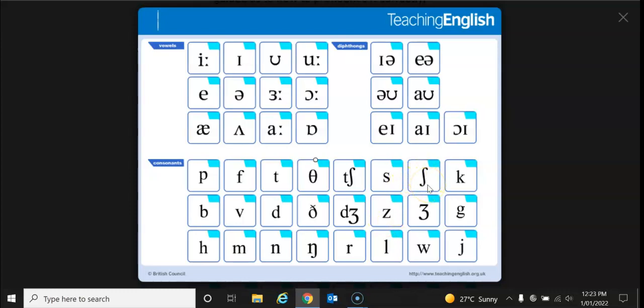Sh, sh, zh, zh. K, k, g, g. And then the last row.